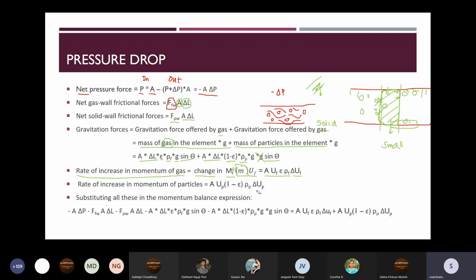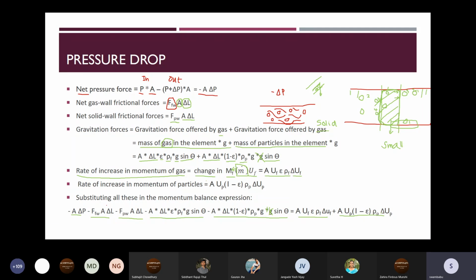Now if I substitute all these forces in the force balance expression, which I showed in the previous slide, that is the pressure force, the interaction between the gas and wall, the interaction between the solid and wall, the gravitational force by the gas, the gravitational force by the solids, then the rate of increase in momentum of the gas and of the particles.